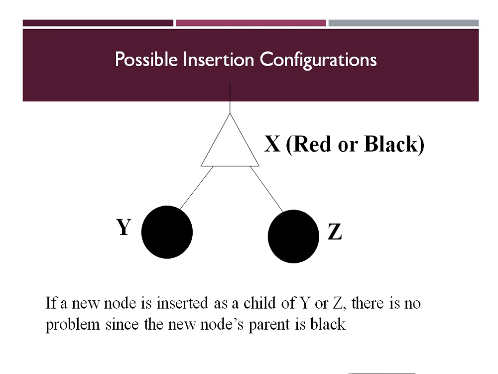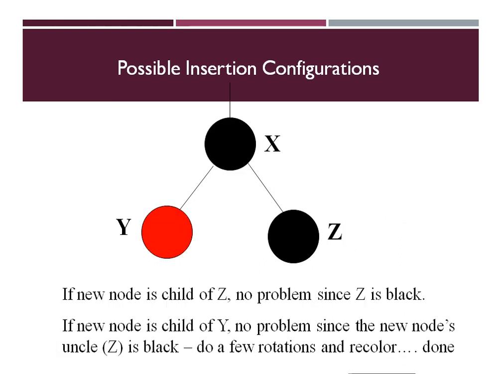Here we have possible insertion configurations. When you insert a new node at X, if a new node is inserted as a child of Y or Z, there is no problem since the new node's parent is black. When you insert at either Y or Z and further extend its branches, there will be no issue because both of the nodes are colored black.